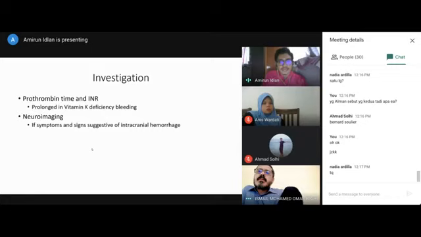Okay, next. For the treatment, I will divide into early onset and late onset. So basically, the treatment is to give immediate IV vitamin K, whether 1 or 2 milligrams. And if the bleeding is severe, we can give 10 to 15 milliliters per kilogram of fresh frozen plasma.